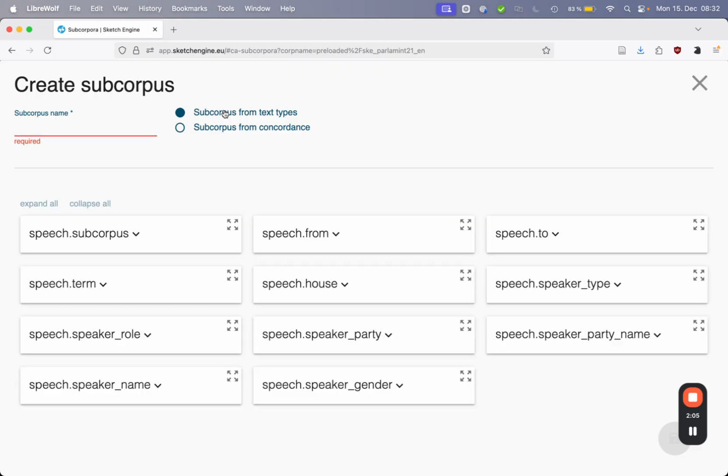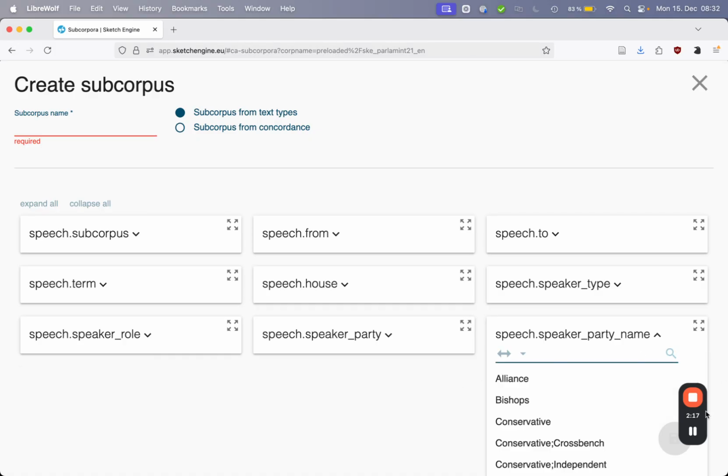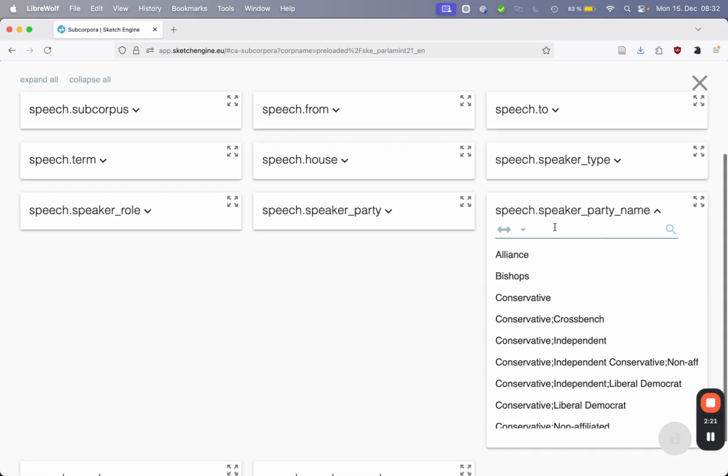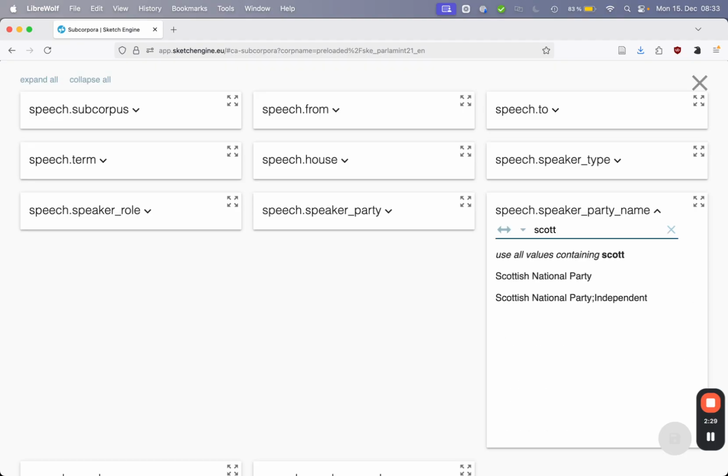So from the metadata, and here I have the choice of the metadata that is available for Parliament 2.1, I'm actually going to look at the speaker's party name, because what I would like to do is create a subcorpus that only contains the speeches of SNP parliamentarians, MPs, in other words, members of the Scottish National Party.